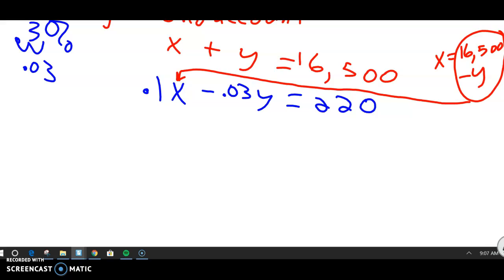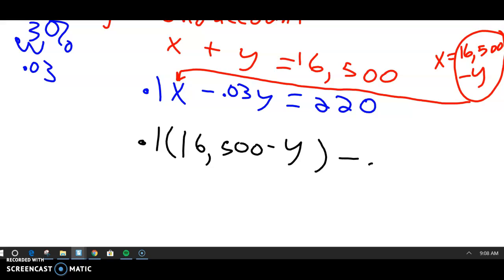I get 0.1 times (16,500 minus Y), whoops, that should be minus Y, minus 0.03Y equal to 220.